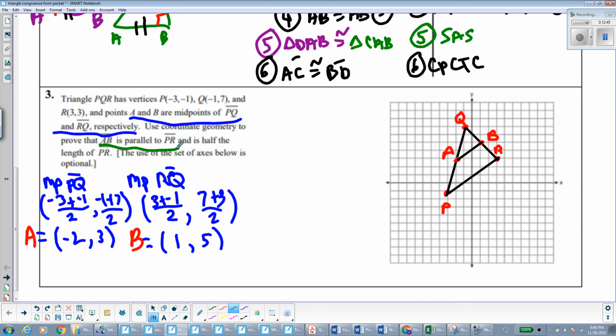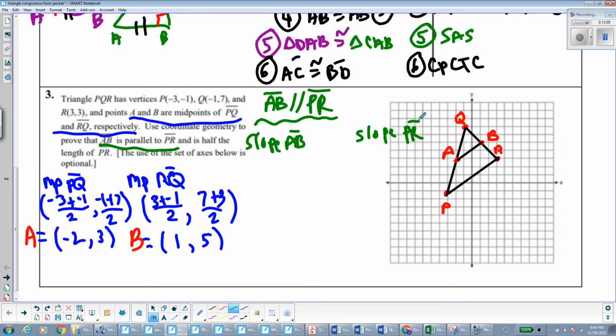So if we're showing that AB and PR are parallel to each other, we have to show that the slopes are the same. So let me just label what I'm doing here. I'm showing that AB is parallel to PR. So I'm going to find the slope of AB, and I'm also going to find the slope of PR, and I'm going to show that they're the same.